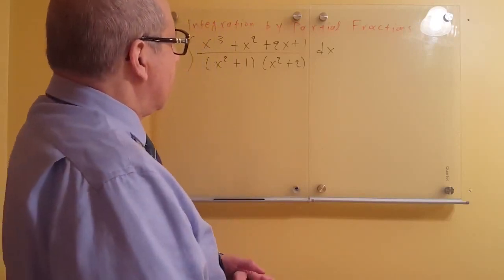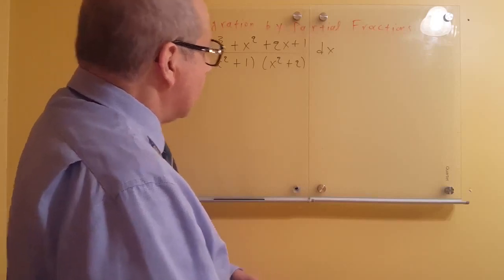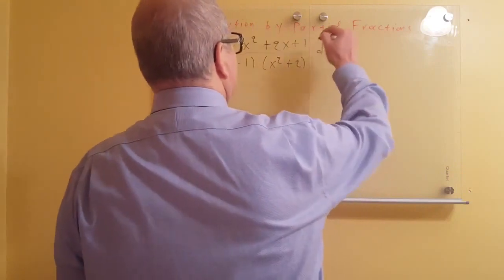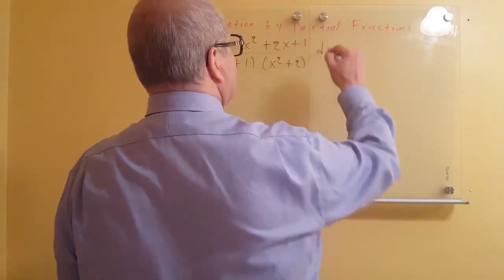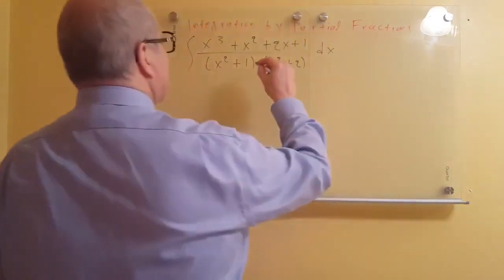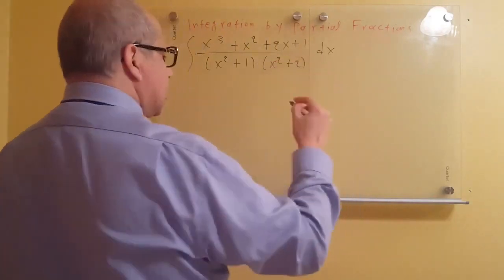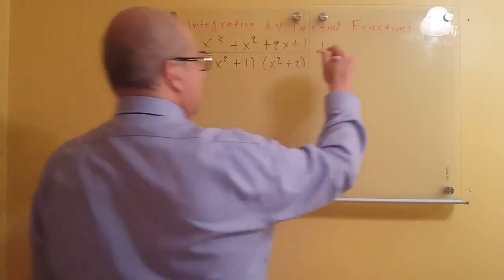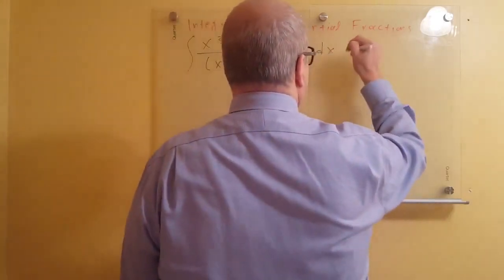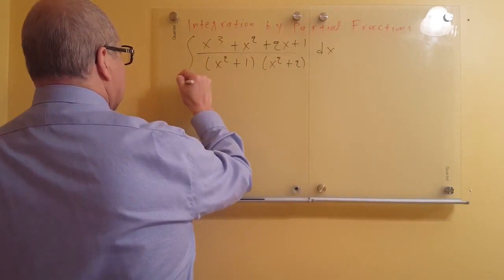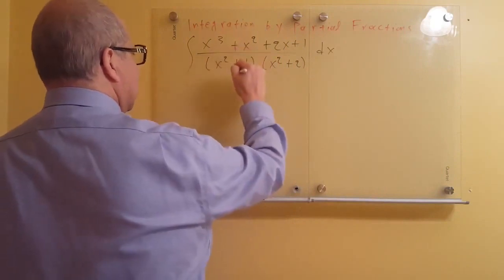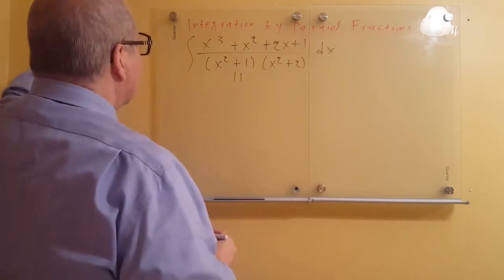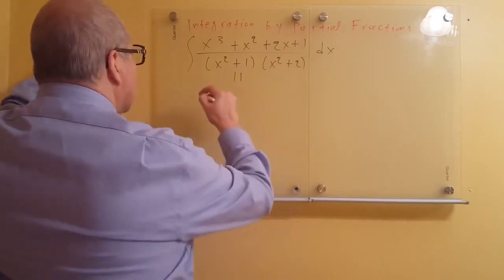So okay, that means that you take this here, you forget about the dx for a minute, and you have to break it down. So we said that if they are quadratic, it has to be equal, and forget the dx for a moment, just working on the rational functions.